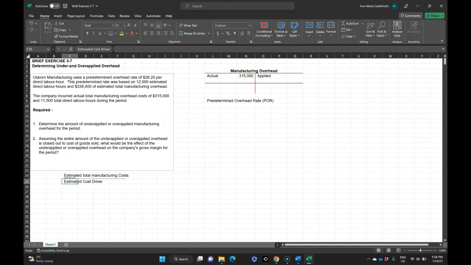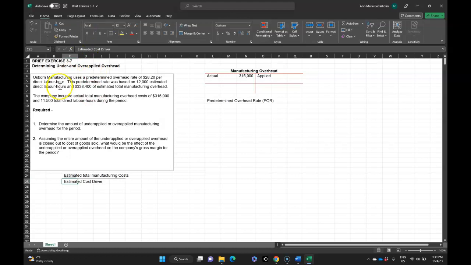So if you have your process automated and your product is being made by machines, then it might make more sense to use machine hours to allocate your overhead. What I've also seen before too is doing it off of a direct labor cost. So then you'd end up with a percentage, or machine costs, you'd end up with a percentage. So we just have to read each question to see what it tells us to do.